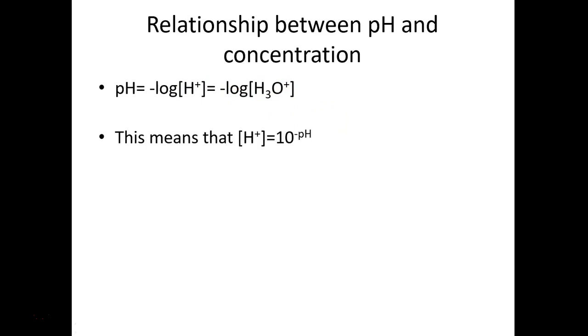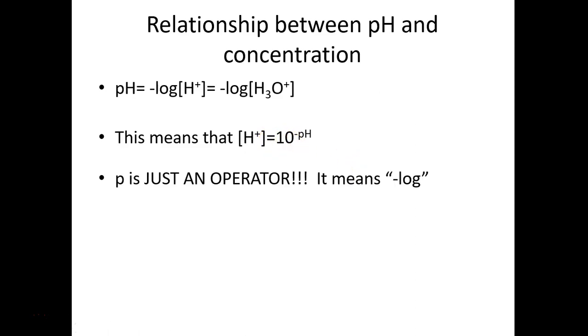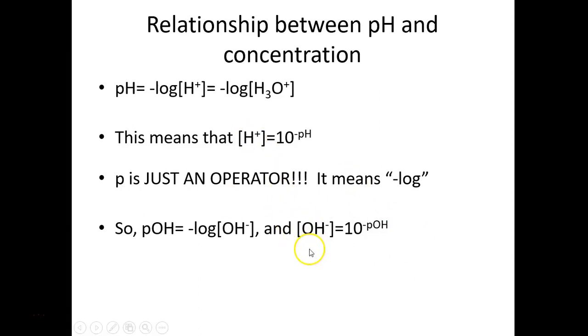If we undo that and solve for the hydrogen ion concentration, we find that the concentration of hydrogen ions is equal to 10 to the negative pH. Now, P is just an operator that means negative log. Similarly, pOH is the negative log of hydroxide ion concentration, and again, we can solve to get the hydroxide ion concentration is 10 to the negative pOH.